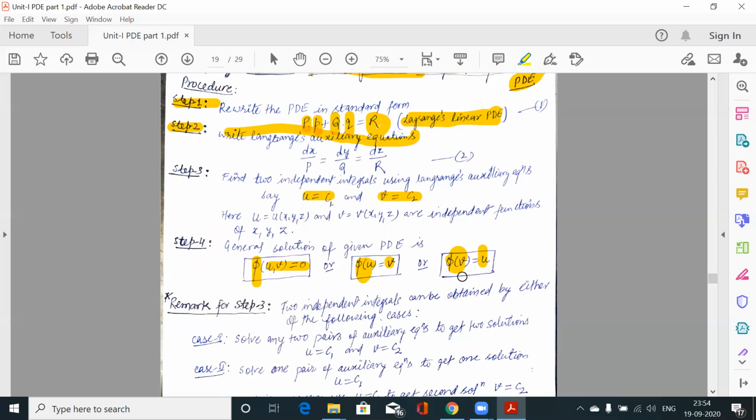So if you remember, we were given this function in that topic, a function of u, v is equal to 0, and we proved that this type of equation has the partial differential equation Pp plus Qq is equal to R.